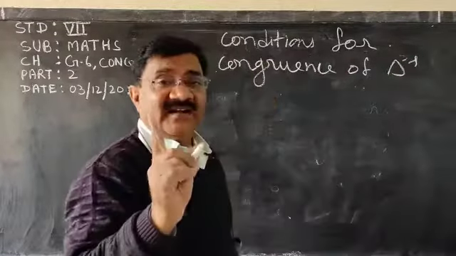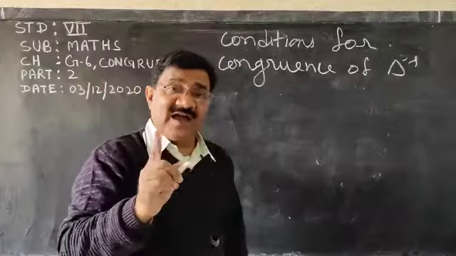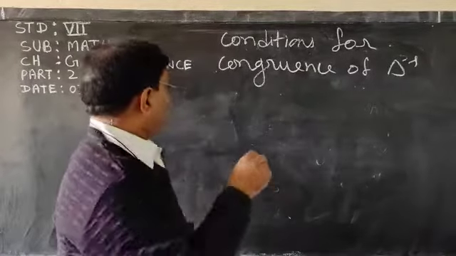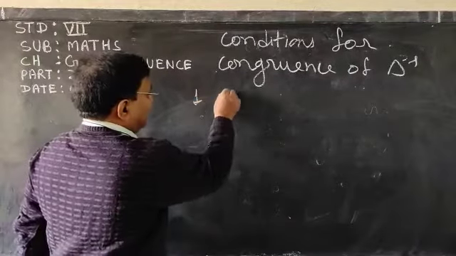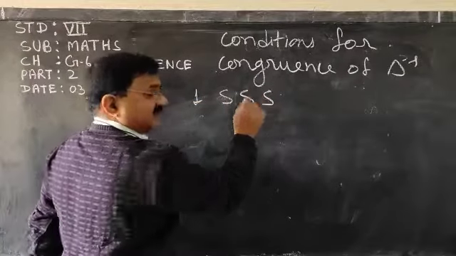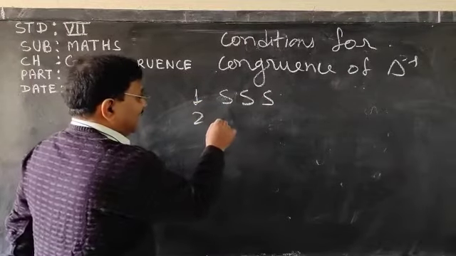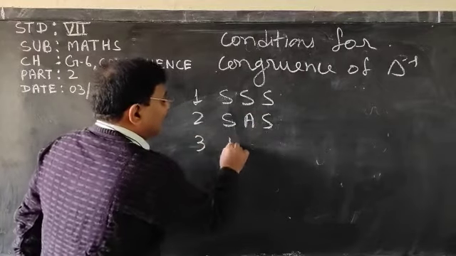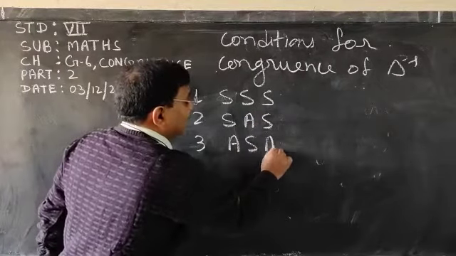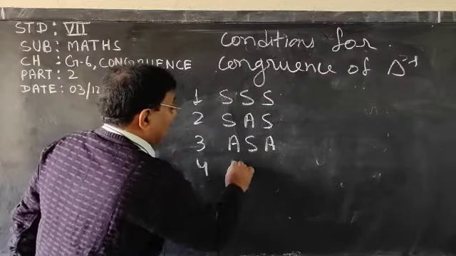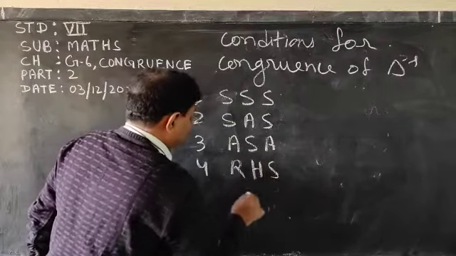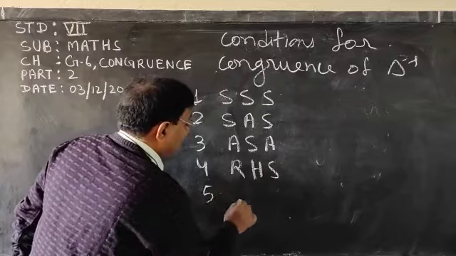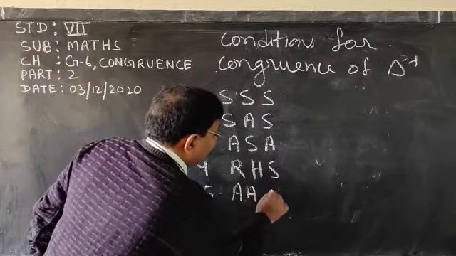There are 5 conditions, and you have to know them. First one is SSS. Second, SAS. Third, ASA. Fourth, RHS, and fifth, AAS.